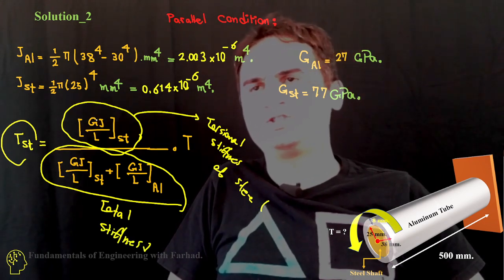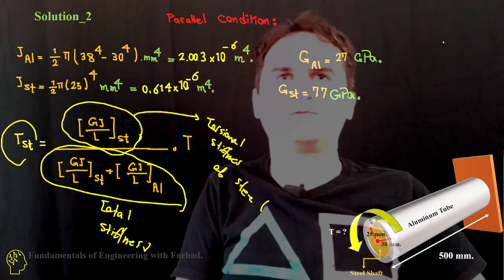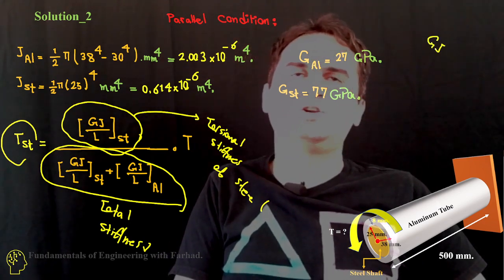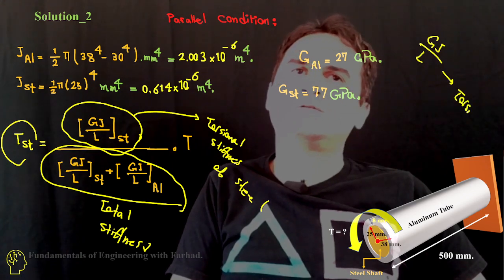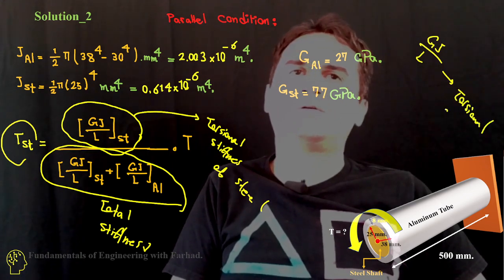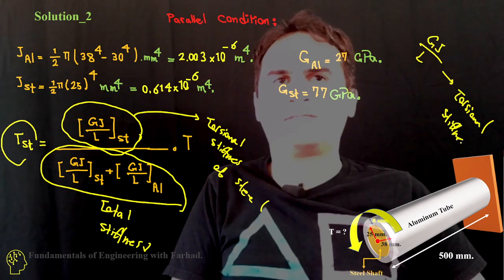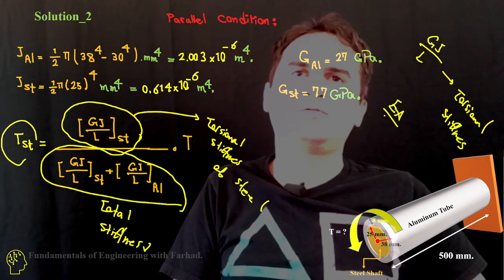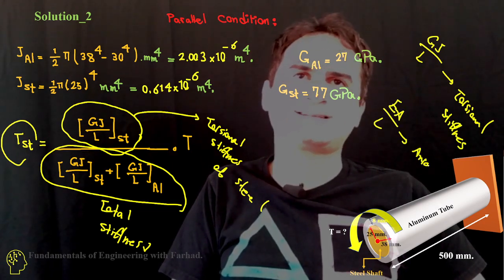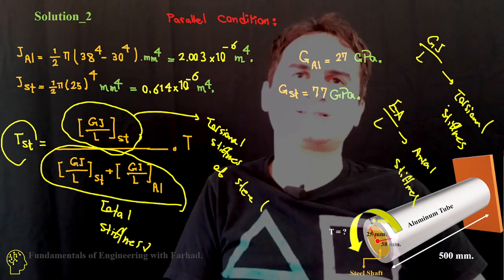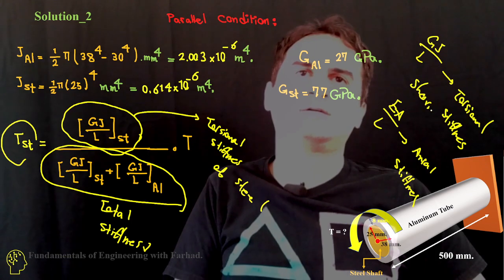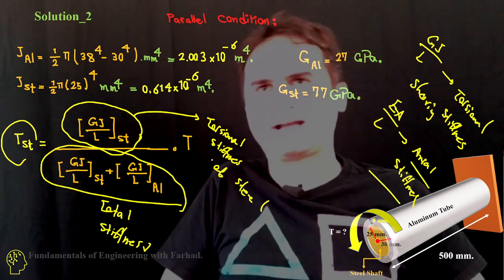That's GJ over L, which is like EA over L, the axial stiffness, or we can say the shearing stiffness.